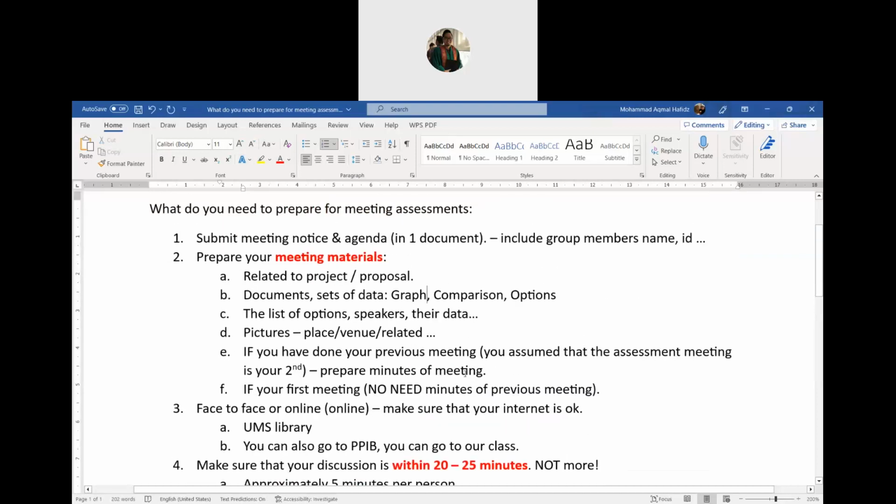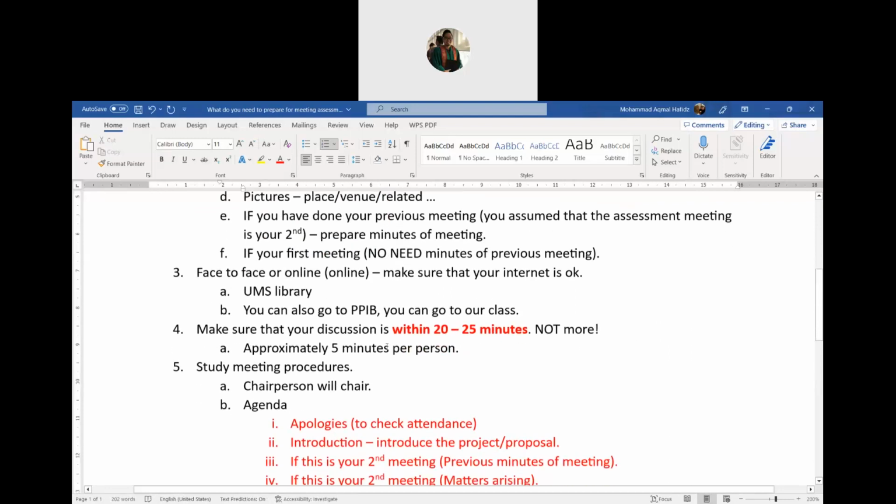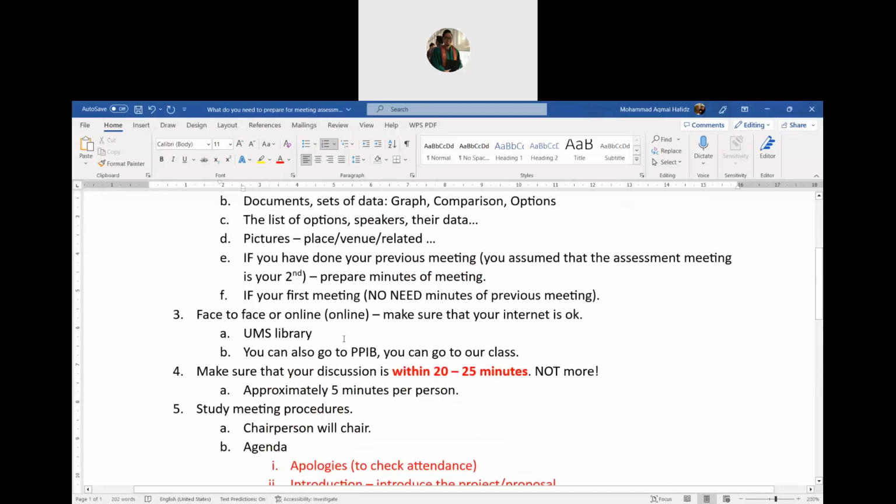Also, your meeting notice and agenda, you have to submit. All right. Okay, so I'm considering this to be online because I think there are several issues, especially for those who are staying in the college or staying outside in the non-residence area, right?